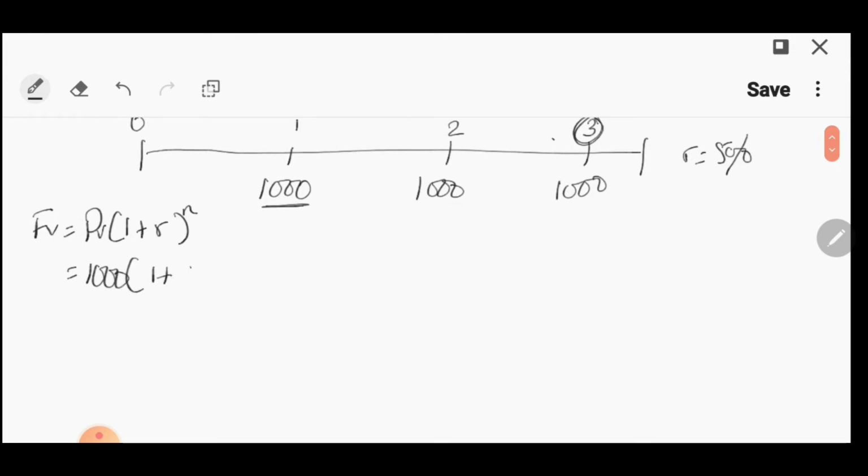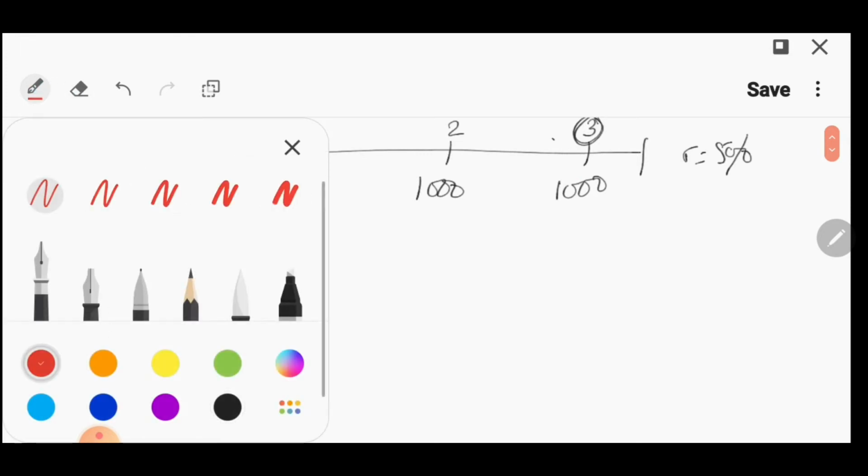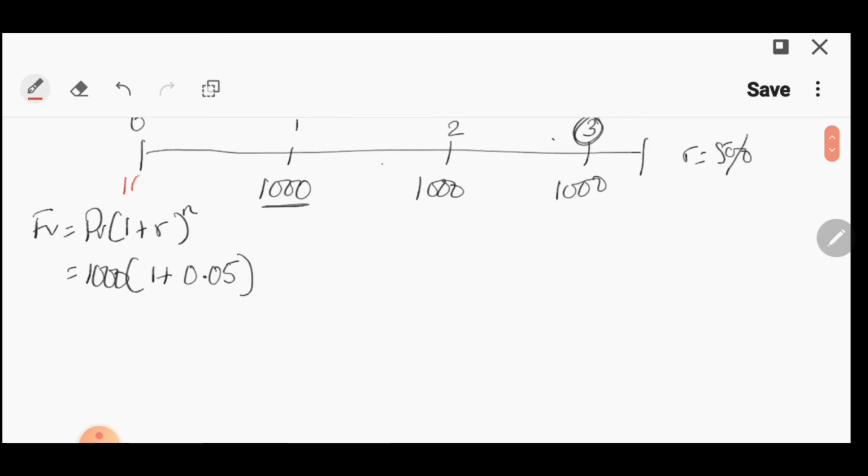The interest rate will be 5%. The question is, what should be the n? Usually students answer that n should be 3 years, but think again. If the 1000 value would have been over here, then n would have been 3 because that would mean 1, 2, 3.